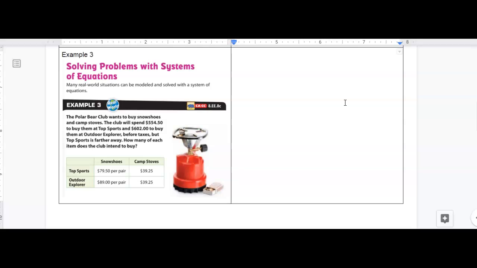Okay, so then I need to come up with two equations, two unknowns. How many items? There's going to be snowshoes and camp stoves. I'm going to make this my x and this my y, and then I'm just going to write the equations.